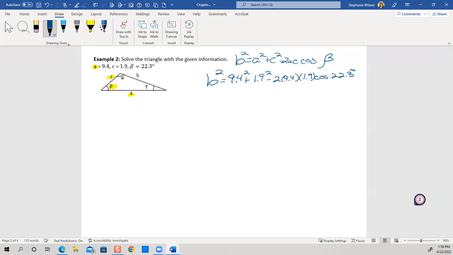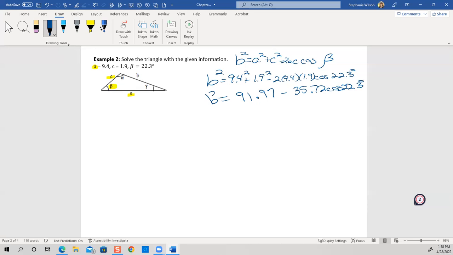All right, so now that I plugged in everything, we're going to get our calculator and clean this up. 9.4 squared plus that 1.9 squared, so I get 91.97 minus 2 times 9.4 times 1.9, which is 35.72, cosine of 22.3 degrees.